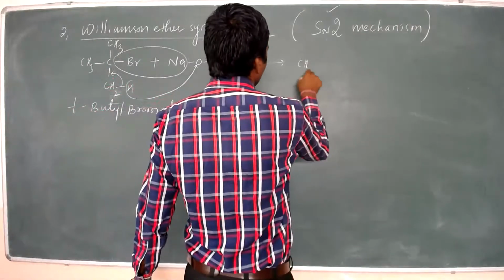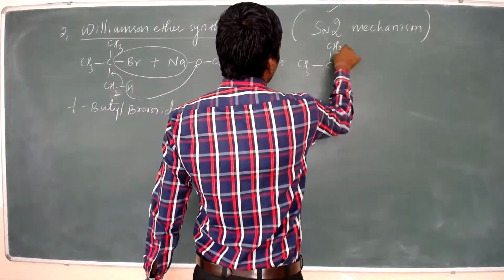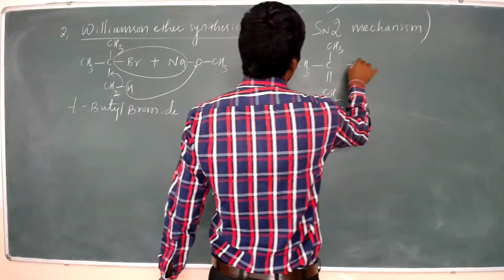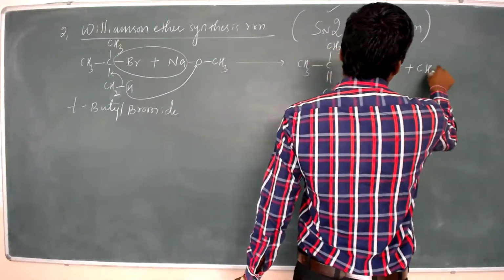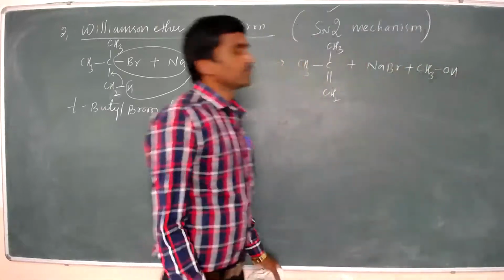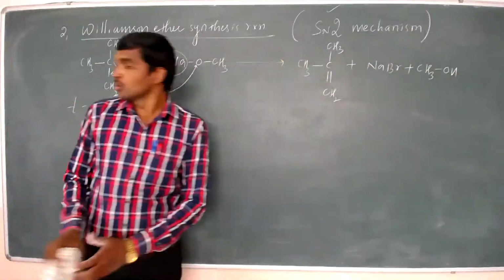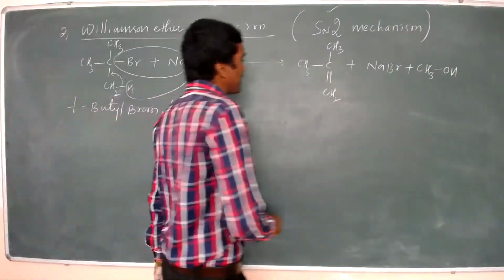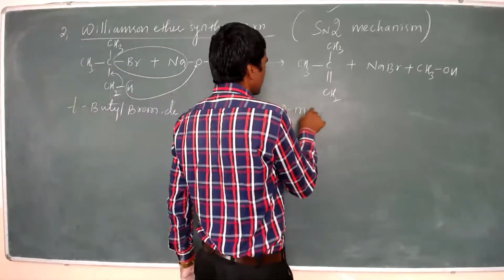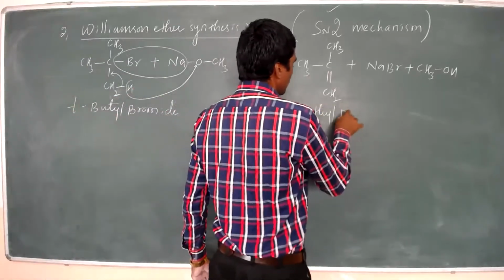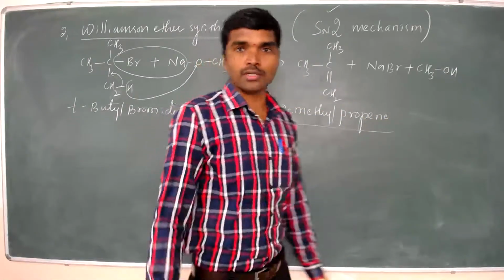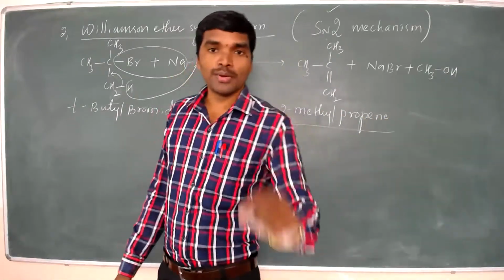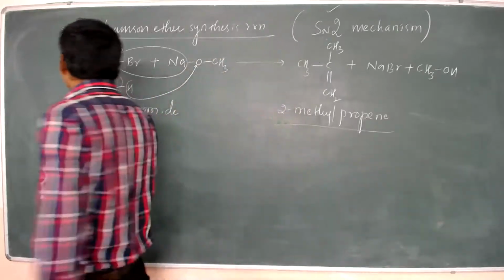So then the product is (CH3)2C=CH2 plus NaBr plus methanol. The product formed is 2-methyl propene.